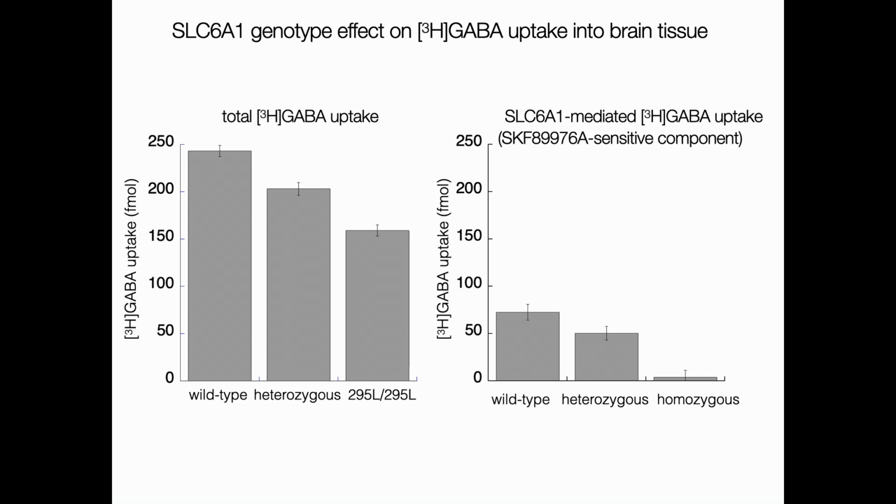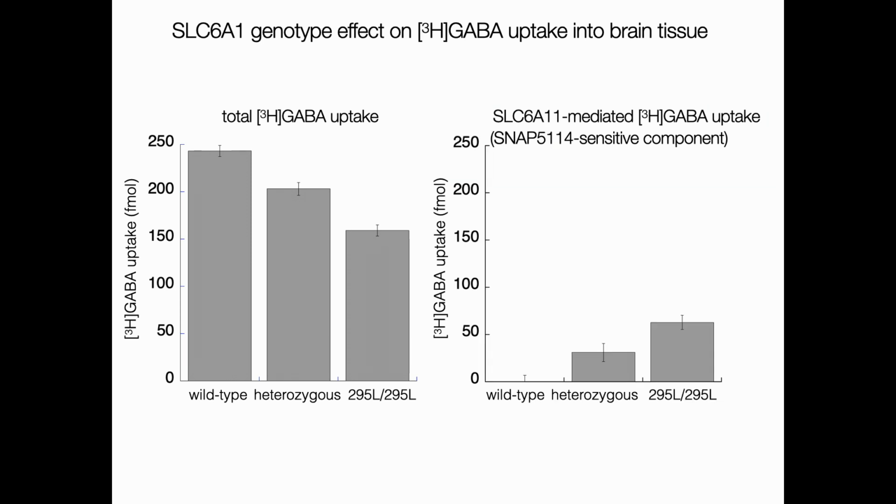And again, there's an intermediate effect in the heterozygote. And then in the homozygous mutant, there's no uptake at all that's seen, which is just what we would have expected, since all the SLC6A1 is missing in the homozygous mutant animal. So it confirms that the mutant's behaving like we think, but it's not all of the GABA uptake.